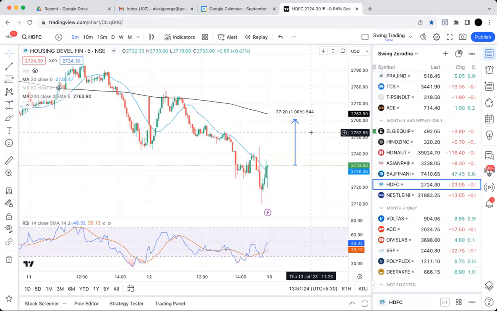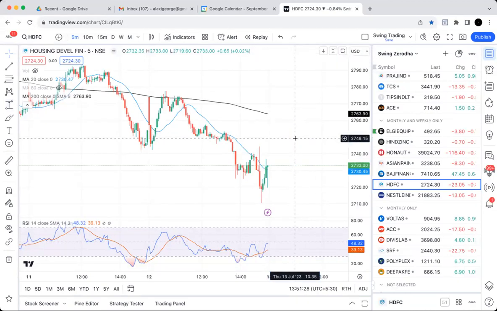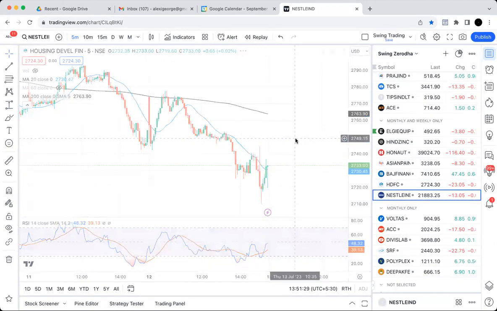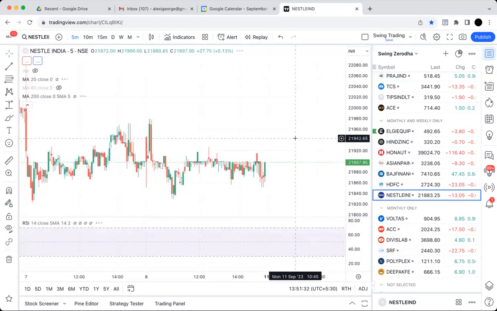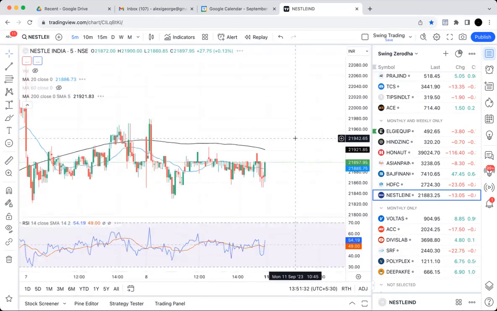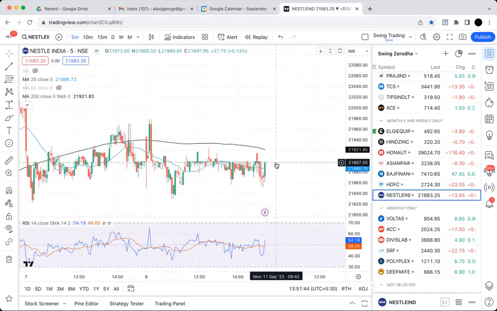Otherwise, it may get delayed. I'm not in deep water, I'm not in trouble because of that. It doesn't create too much trouble. It might take another week or two to get to that level. This might be a good entry. But the 200 is going to be a resistance. That's a problem.